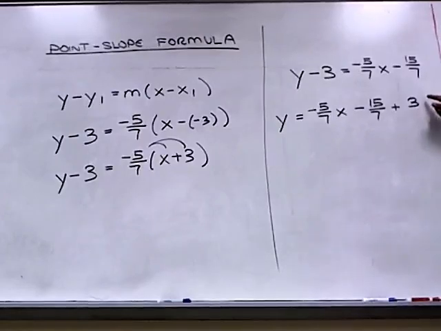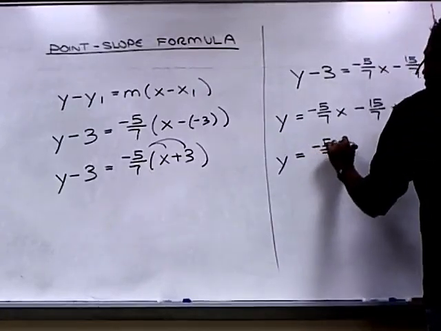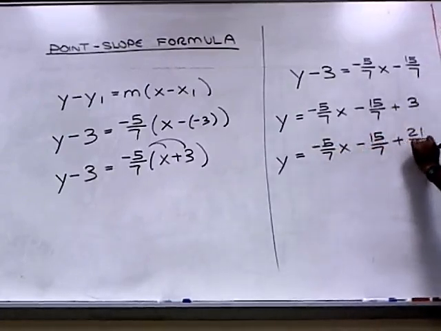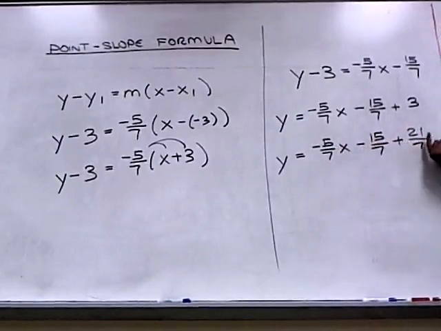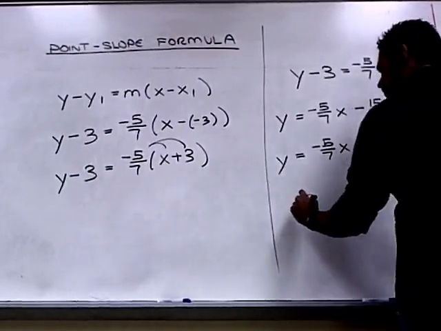It'll be 21 over 7, right? So I have y equals -5/7 x minus 15/7 plus 21 over 7. And then when you put these two together, you have -15 plus 21, which is 6, over the common denominator 7. So you get the same exact result.